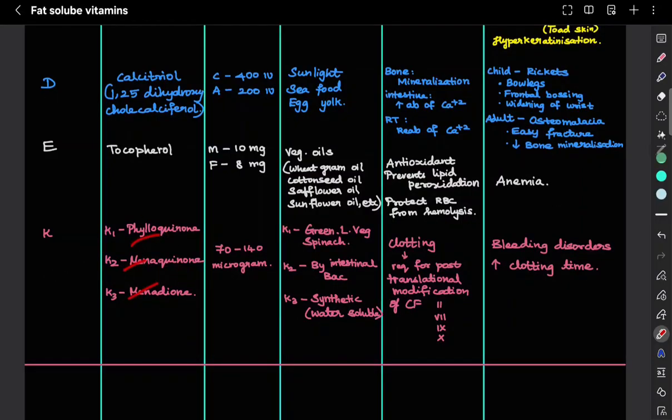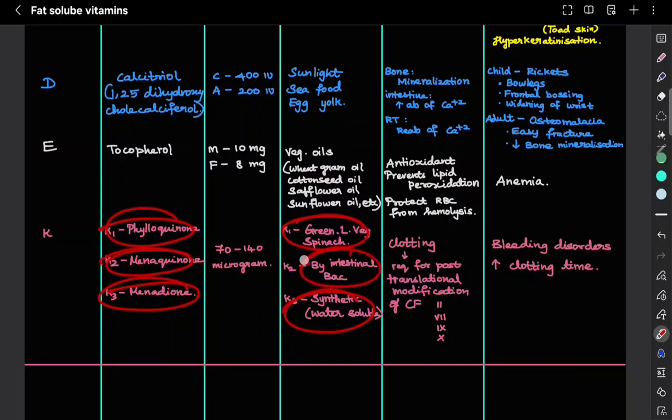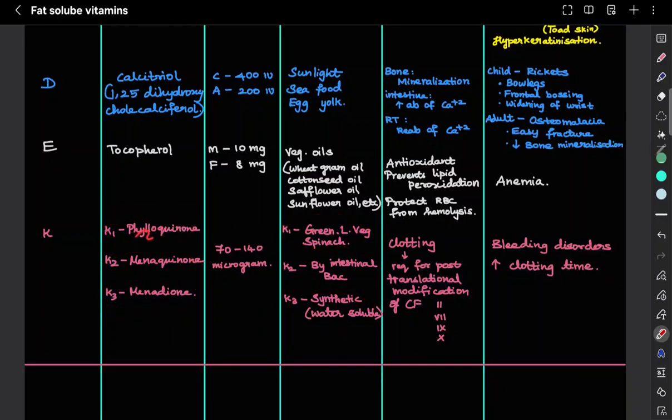Next is vitamin K. We have K1, K2, K3, out of which K3 is synthetic and it is water soluble. K1 is from green leafy vegetables and spinach, and K2 is from intestinal bacteria. The active forms of K1 are phylloquinone, K2 menaquinone, K3 menadione, and the RDA required is 70 to 140 micrograms.